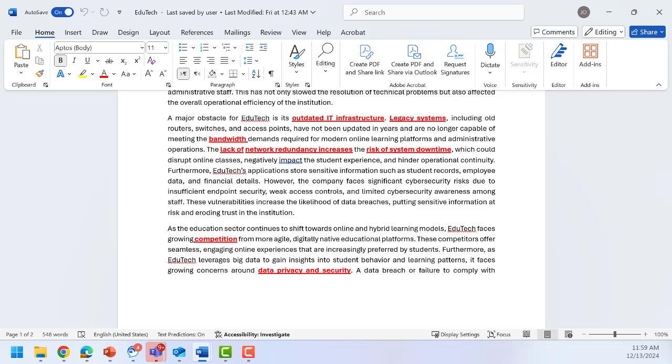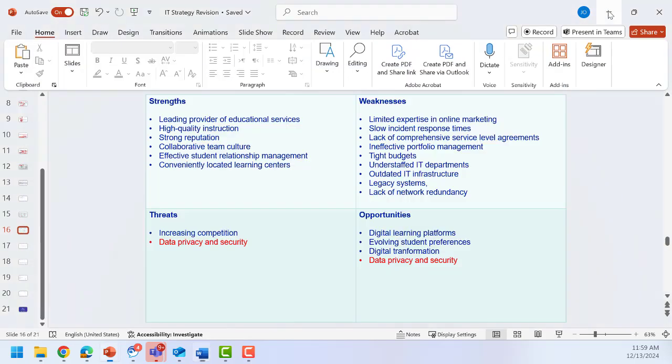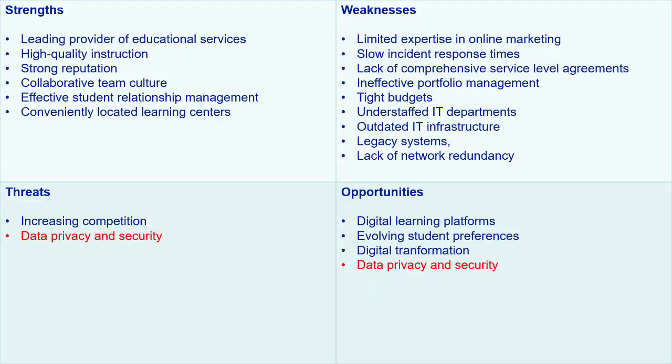So go through the text, go through, for example, the slide that I gave out, and see if there's anything that you can get from that. Now let's go and see the solution that I have for that. Those are what I've identified.